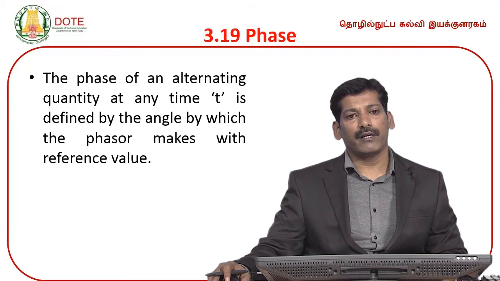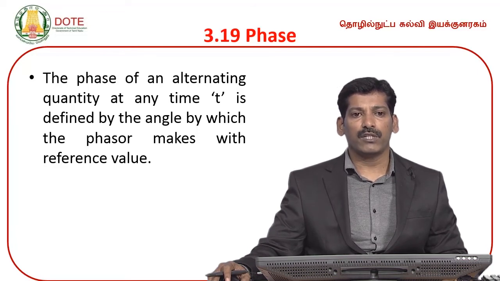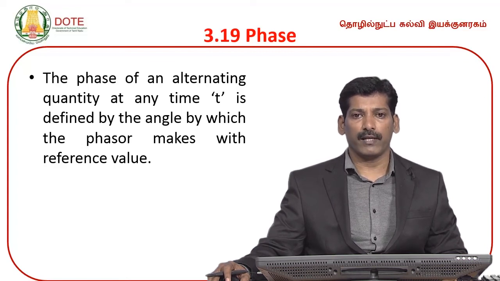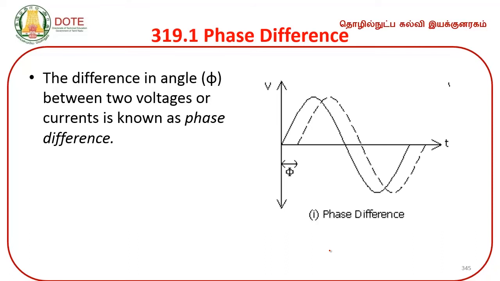The phase of an alternating quantity at any time t is defined by the angle by which the phasor makes with a reference value. The difference in angle between any two voltages or currents is known as the phase difference. Now, you can see the example given.